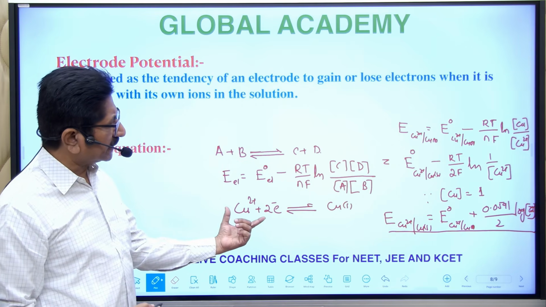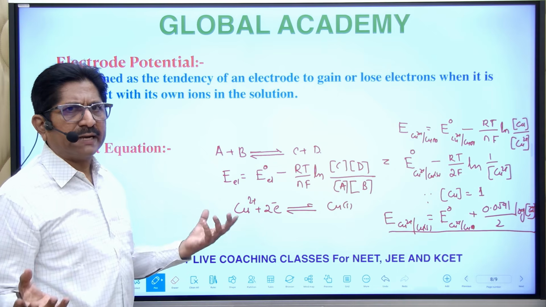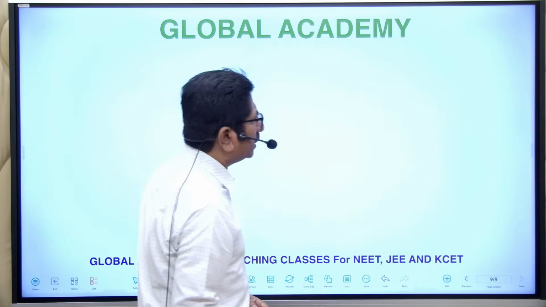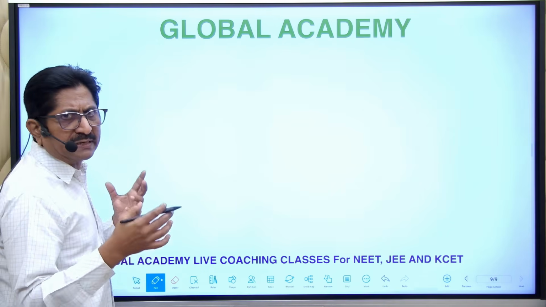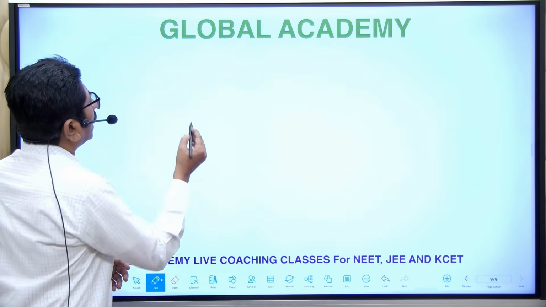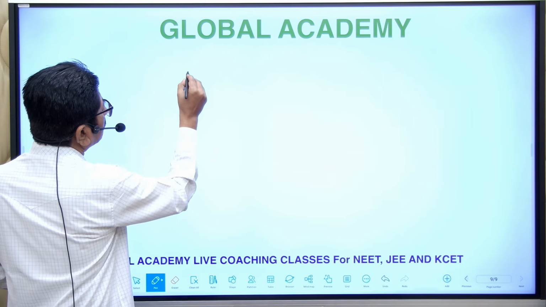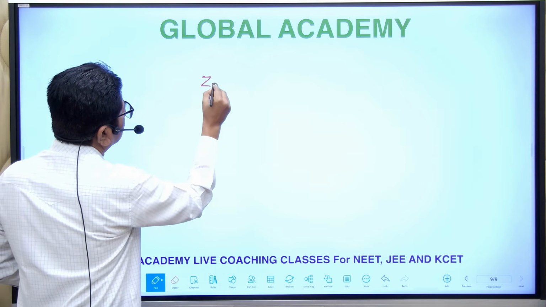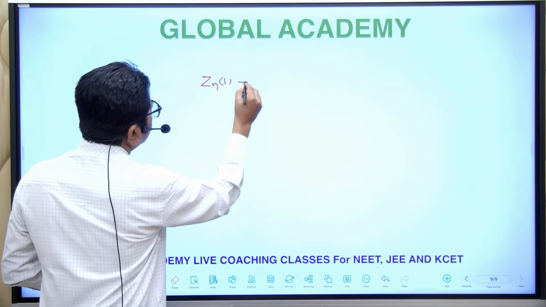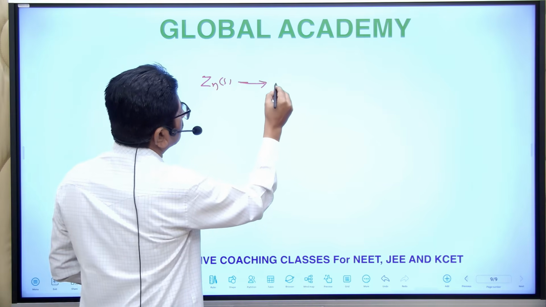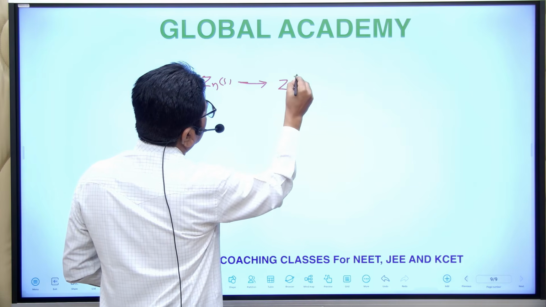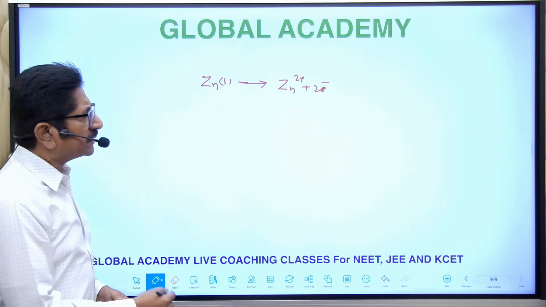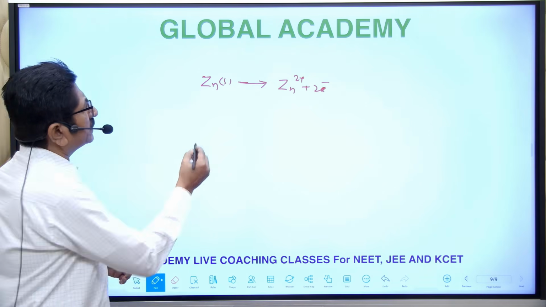Similarly, we can write the Nernst equation for any of the reactions. For example, I'm taking one more, and I'll stop here. Take this reaction: Zn solid gives Zn2+ plus 2 electrons, which is reversible.